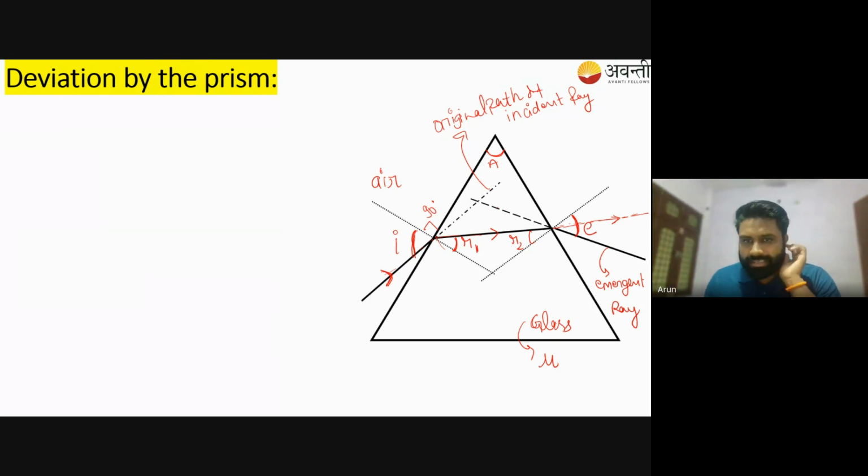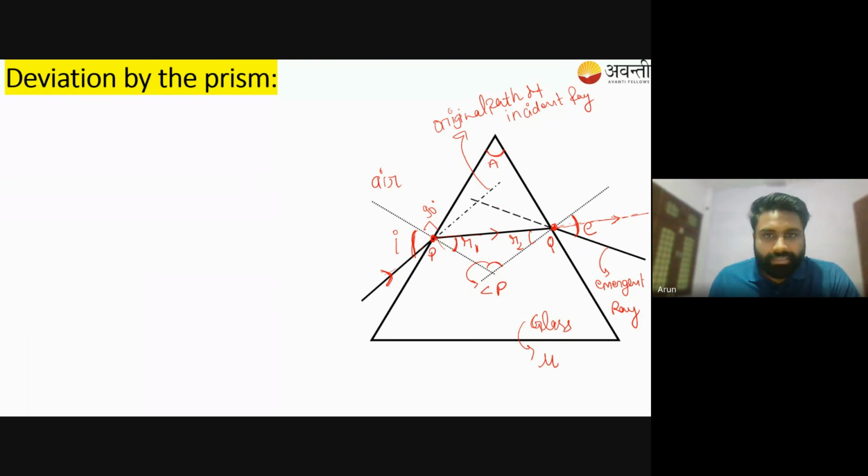We have considered this angle as angle A, this point is P, this point is Q. Let me just change the color of the ink.